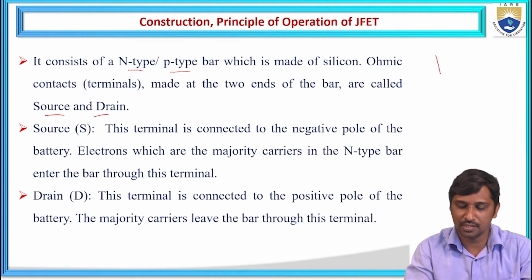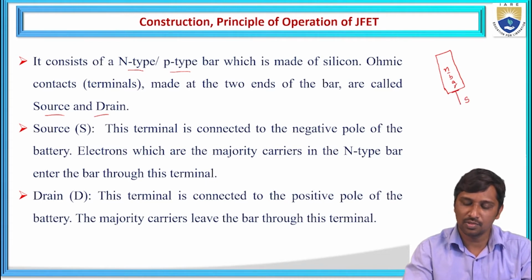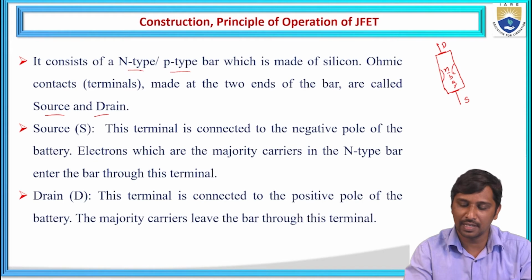Suppose I am drawing an N channel JFET, which means we need to take an N type bar, also called the N channel. One end is represented as the source, one end as the drain, and the opposite two ends are doped with heavily doped P plus material. Internally it is shorted, externally it is connected.